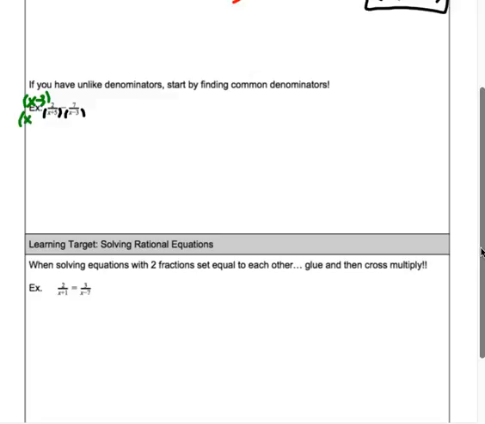So I'm going to multiply top and bottom by that x minus 3 because it needs it. Same thing, the x minus 3 parenthesis needs the x plus 5. So I'm going to multiply top and bottom by whichever that one needs to have. All right. So what that does is that gets me my new common denominator.